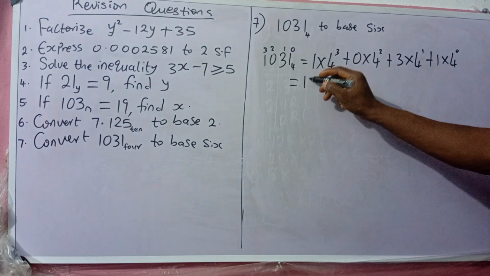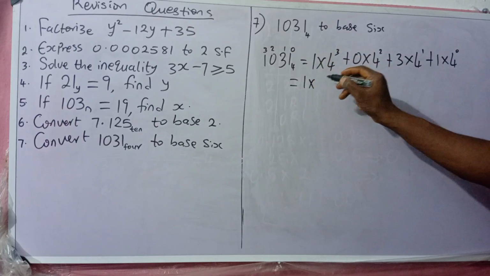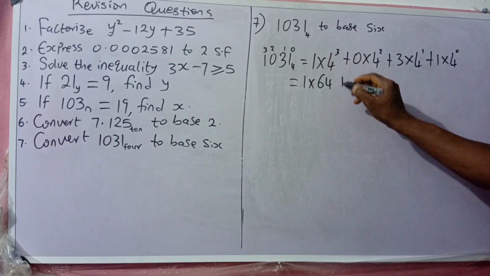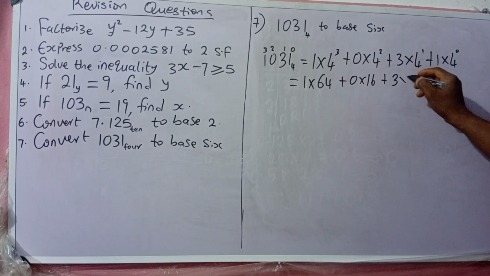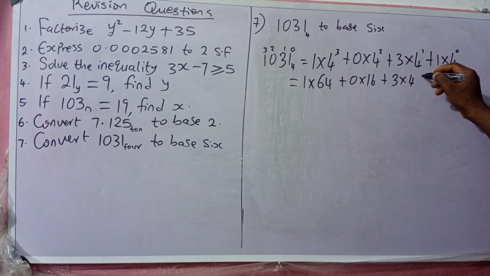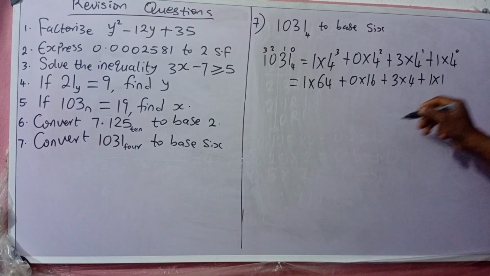So here we have 1 multiplied by 4 raised to power 3, which means 4 times 4 times 4, and that will give us 64, plus 0 multiplied by 4 times 4, which is 16, plus 3 multiplied by 4, since 4 raised to power 1 is 4. Anything raised to power 0 is equal to 1.